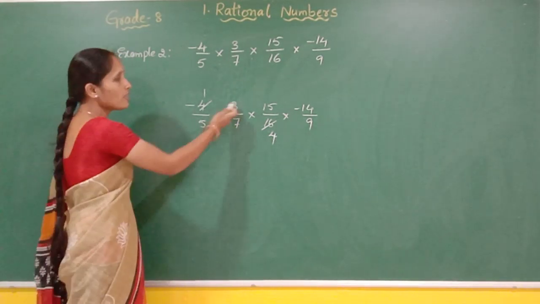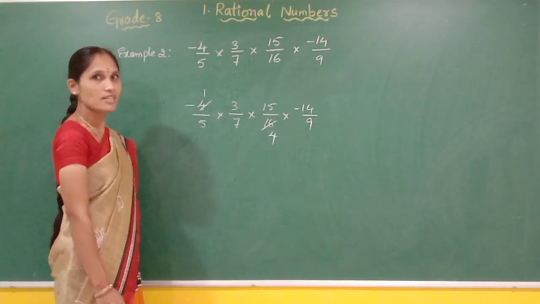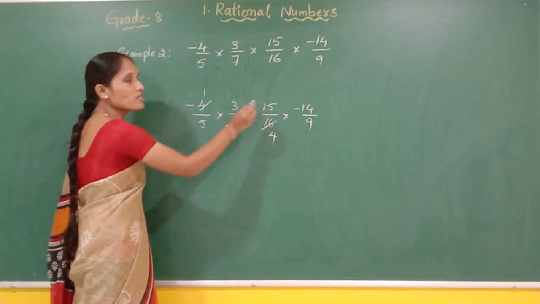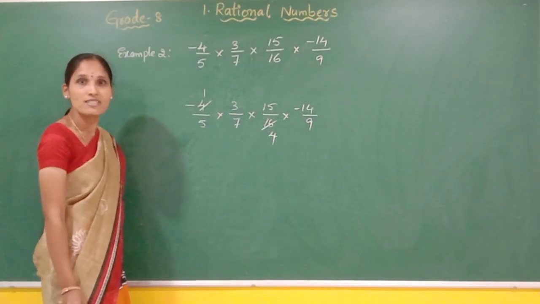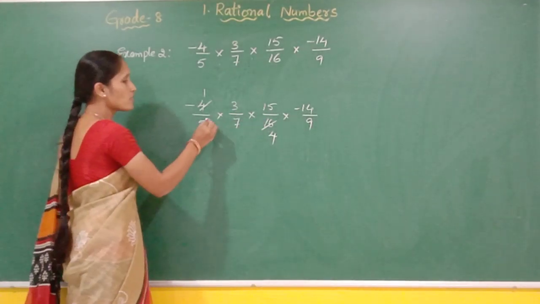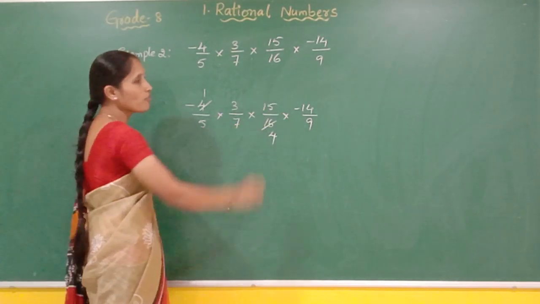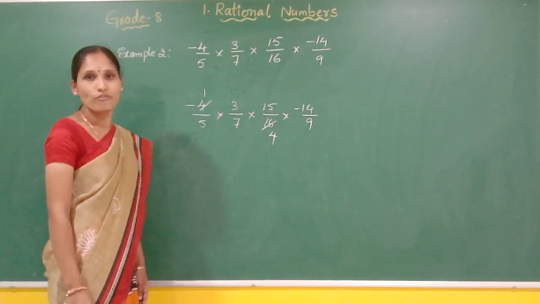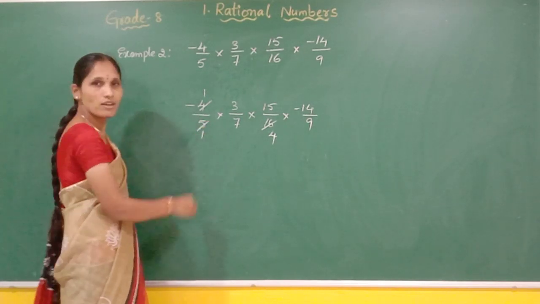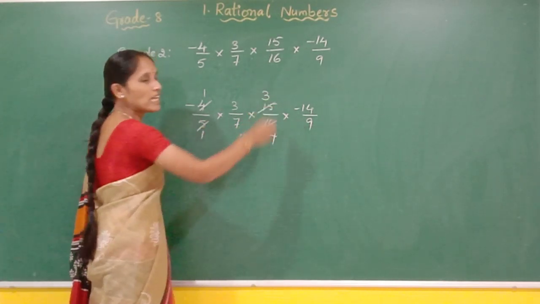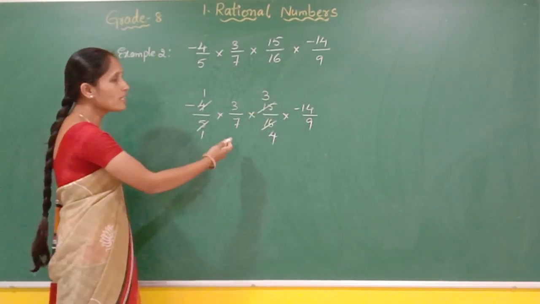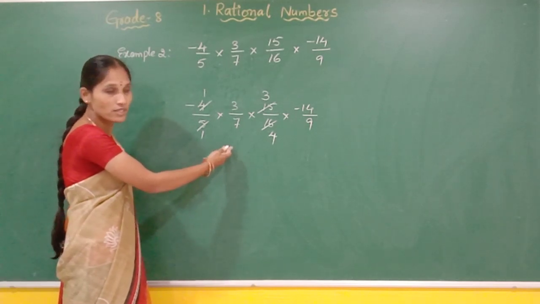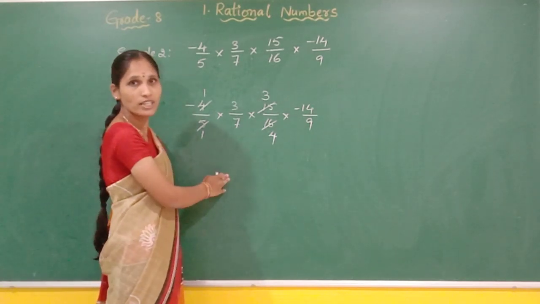Tell me, children, are there any numbers like that, any common factors? Yes, this 5 and 15 also have a common factor, that is 5. This denominator 5 and the numerator 15 are also cancelled by 5. 5 1s are 5, 5 3s are 15. Any other numbers having a common factor?